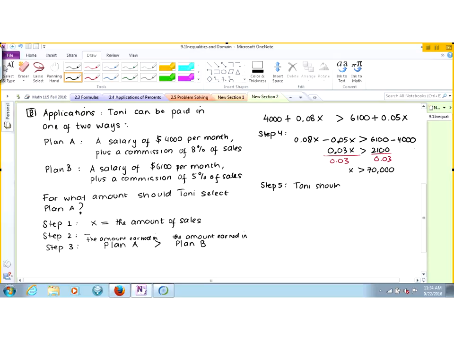So Tony should select plan A when sales is greater than, what is the unit? Dollars, right? $70,000. Does that make sense? Easy?